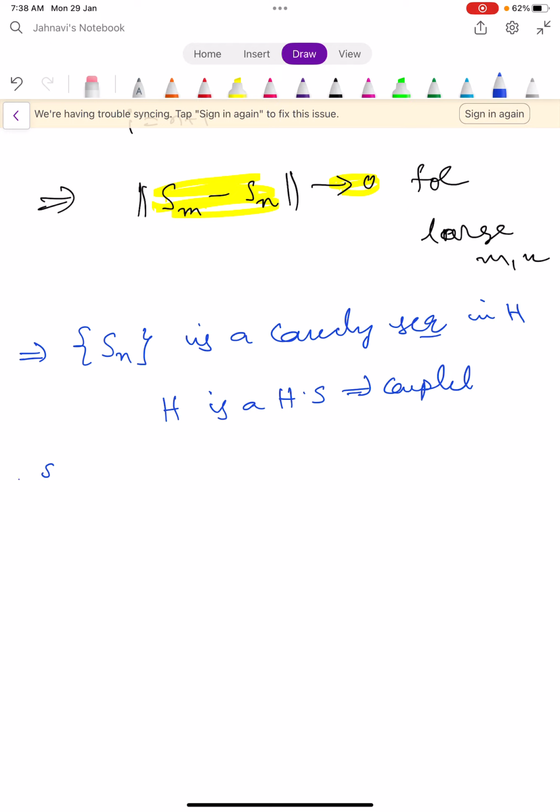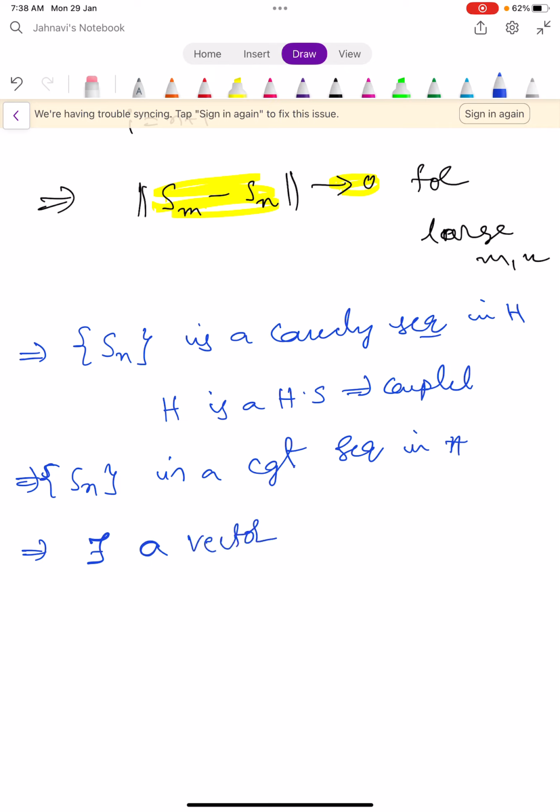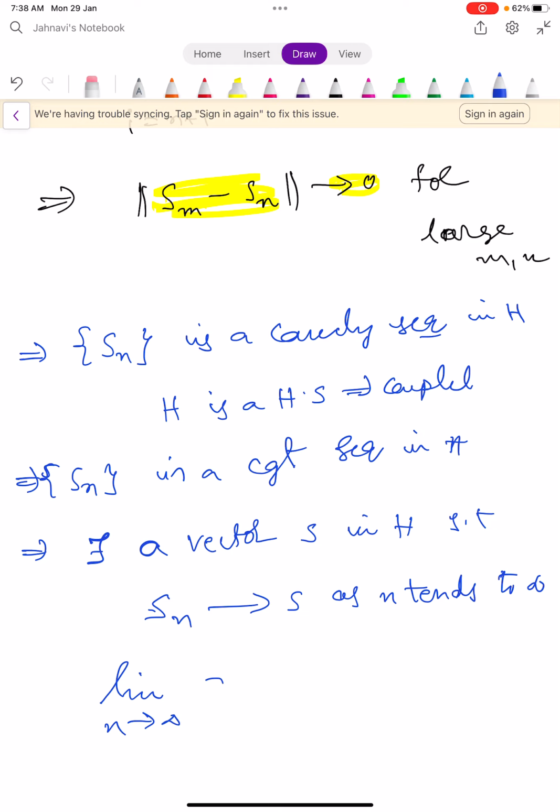So this shows us the sequence Sn is a convergent sequence in capital H. It means there exists a vector S in capital H such that Sn converges to S as n tends to infinity. It means limit n tends to infinity, Sn is equal to S.